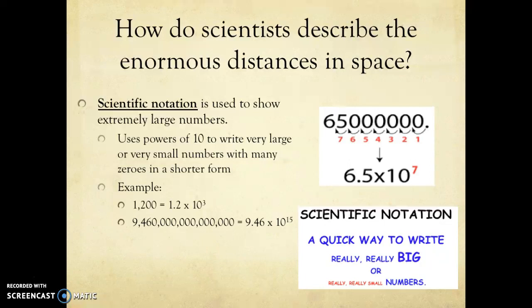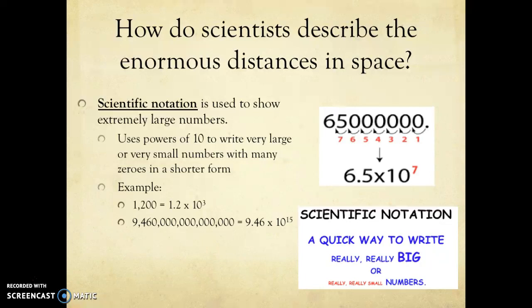This uses powers of 10 to write very large numbers, or very small numbers that are a really small decimal with lots of zeros. We use scientific notation to write it in a bit of a shorter way. We're not going to deal too much with it, but it is important to know what exactly it is.